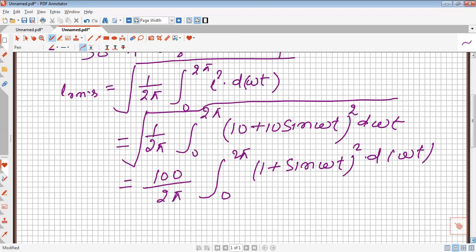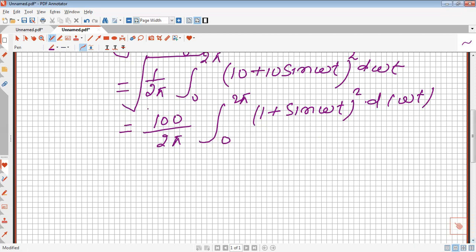It is totally a mathematical integration, and we have to apply mathematics here. Now we have to break the (a plus b) whole square. We have to break it, and then integrate it. So breaking it, it will be 100 divided by 2, I'm just going to write 50.